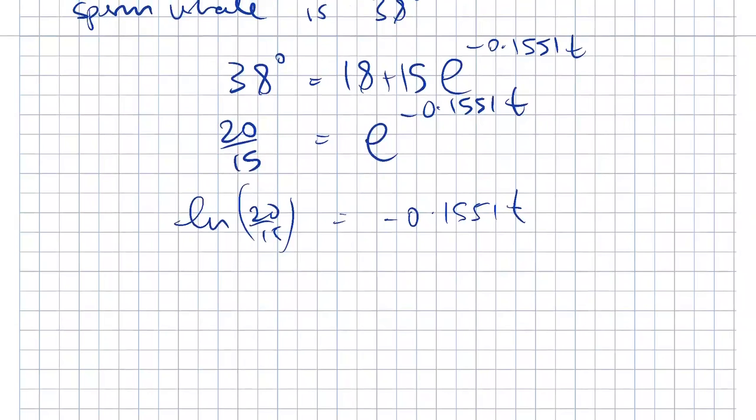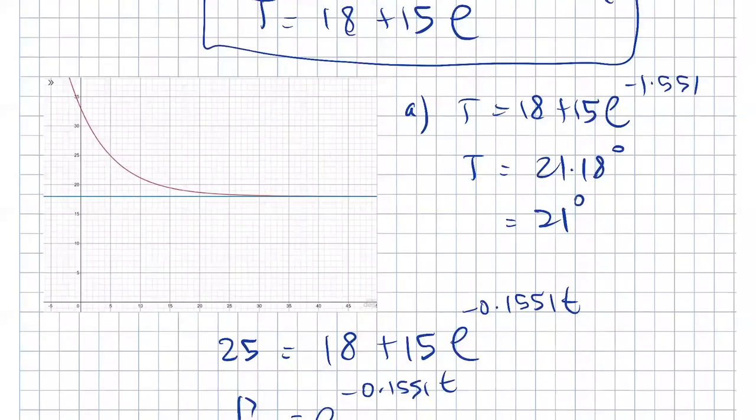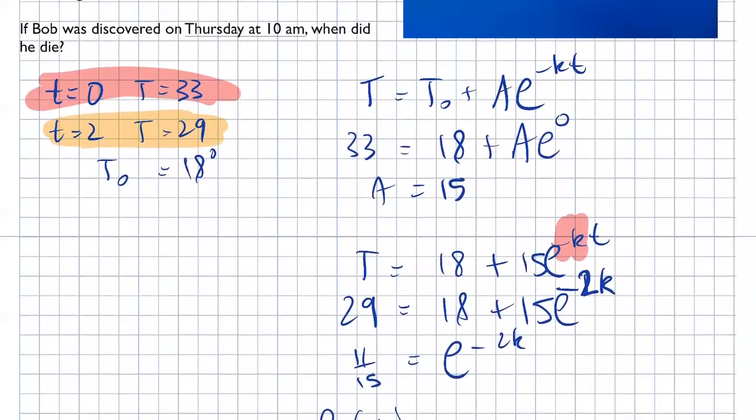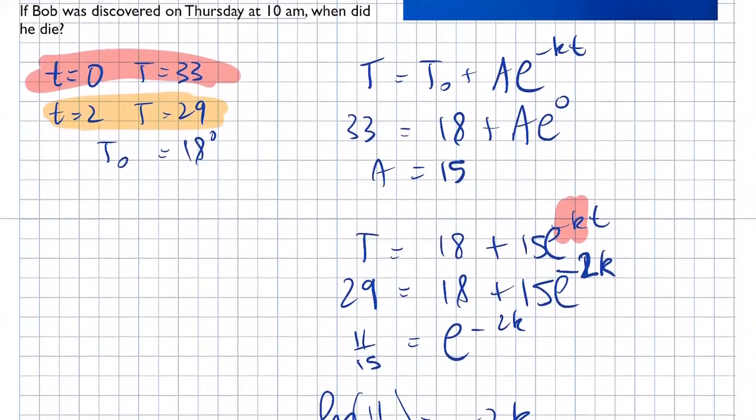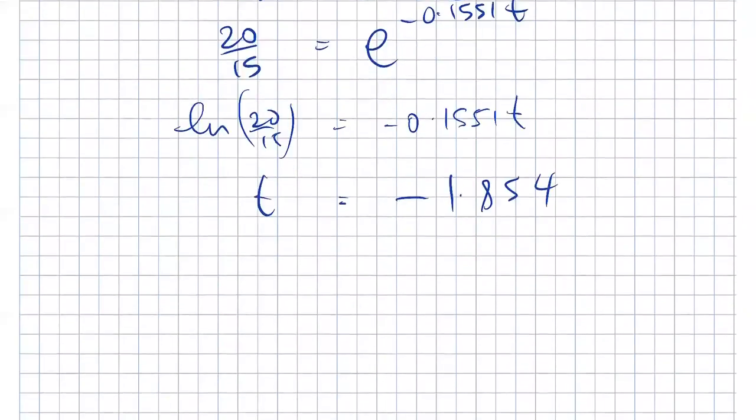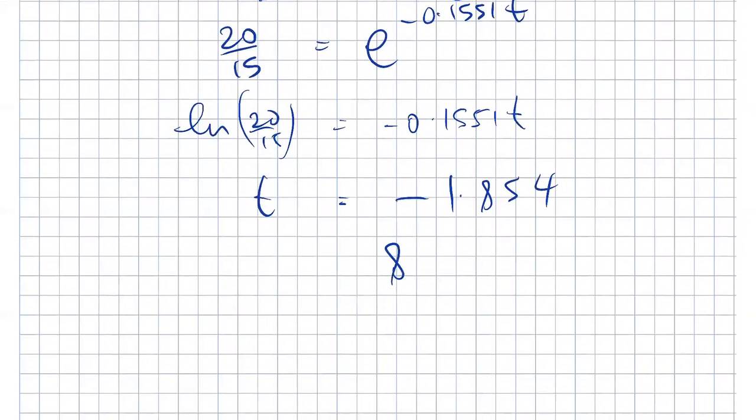And on the calculator, when we work out what t is equal to, we get negative, as I indicated, 1.854. And that's pretty close to 2 hours earlier. In other words, if he was found at 10 a.m., when did he die? Well, he died at about 8 a.m.